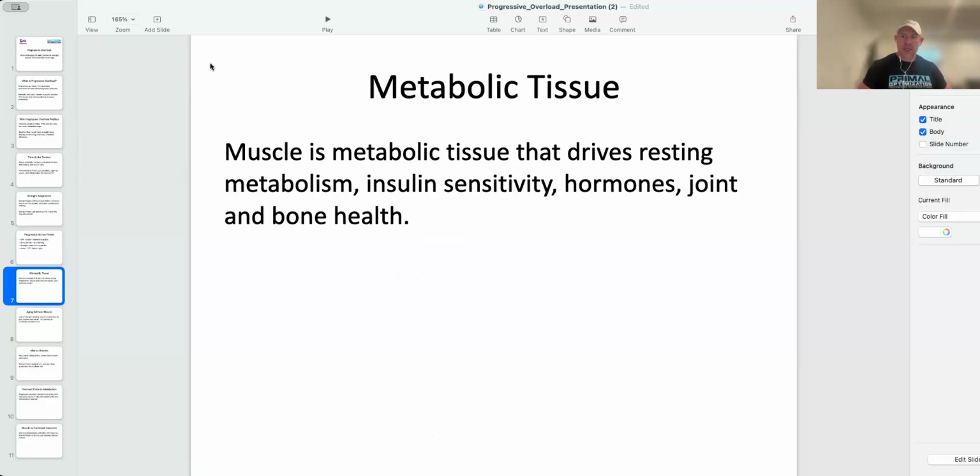Here's the kicker with resistance training, and one of the components that benefits everyone and is so important for longevity: your metabolic tissue. Muscle is metabolic tissue that drives your resting metabolic rate, which is going to be huge for the fat loss phase and the fat loss component.